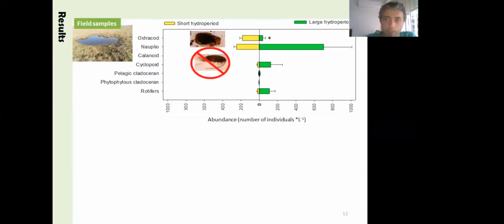But one important thing to note is that the calanoids were not found in field samples in the active community. We also found a tendency to find larger abundance of nauplii, cyclopoids, and rotifers in large hydroperiod ponds. However, no statistical differences were found for these groups.